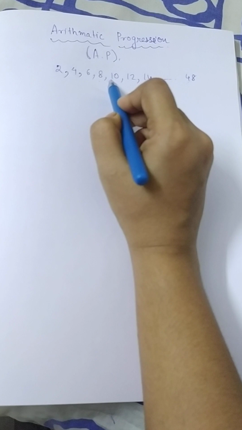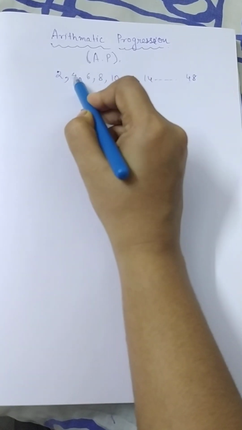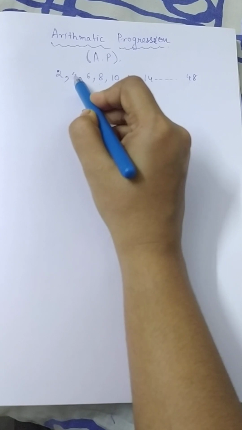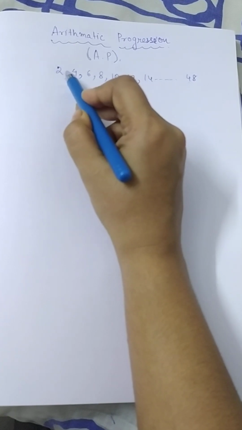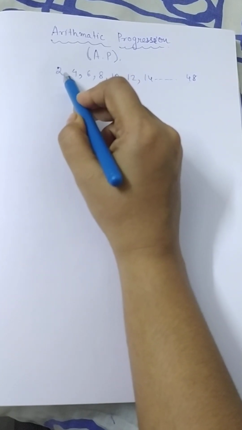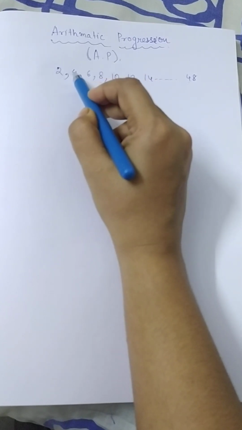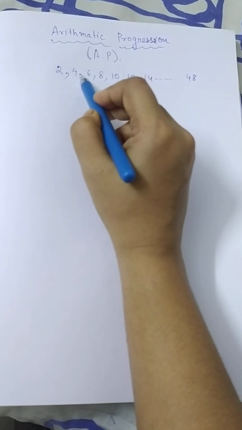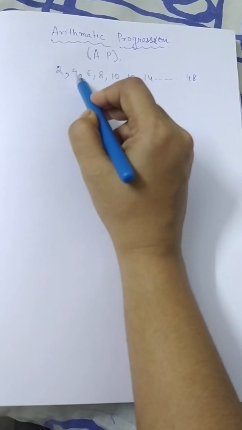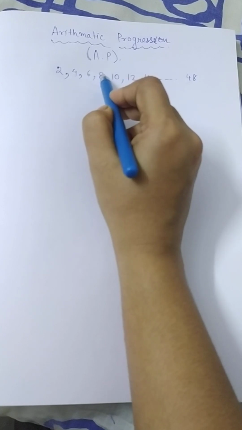Each of the numbers is an even number and the succeeding number is obtained by adding 2 to the previous number. Here the succeeding number of 2 is 4, the succeeding number of 4 is 6, another succeeding number is 8.